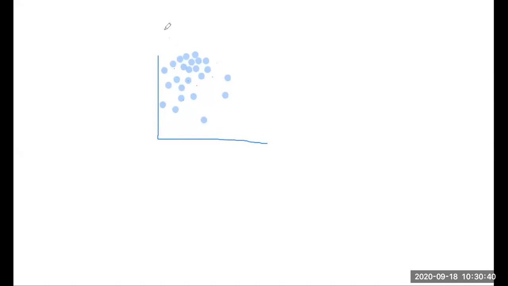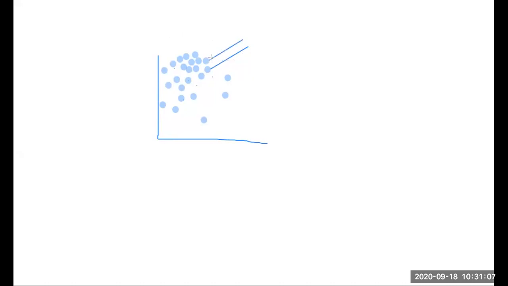So let me draw a line here. Suppose like I said, this is buy and this is bought. The direction of this vector is in this way, and the direction of this word is this way.